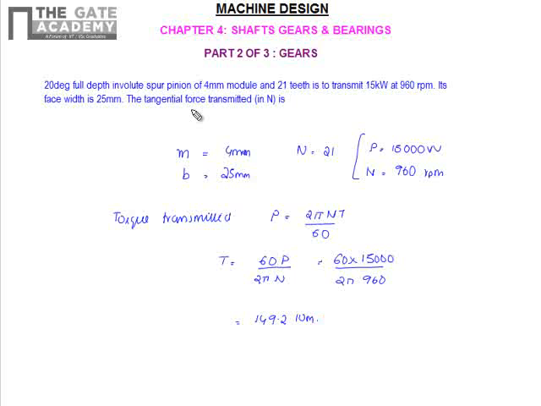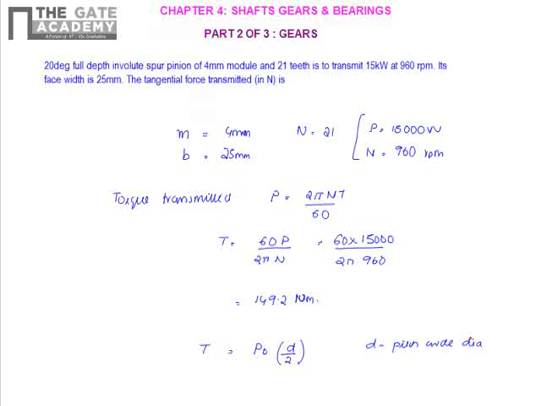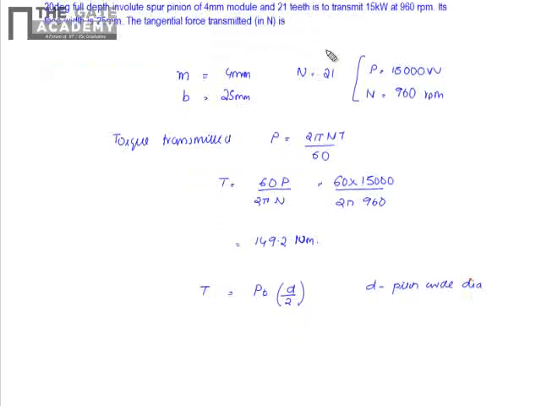So how do you find the force transmitted? We know that torque transmitted T is equal to the tangential component of force into D by 2, where D is the pitch circle diameter. Now how do you find the pitch circle diameter? We have the module and the number of teeth.